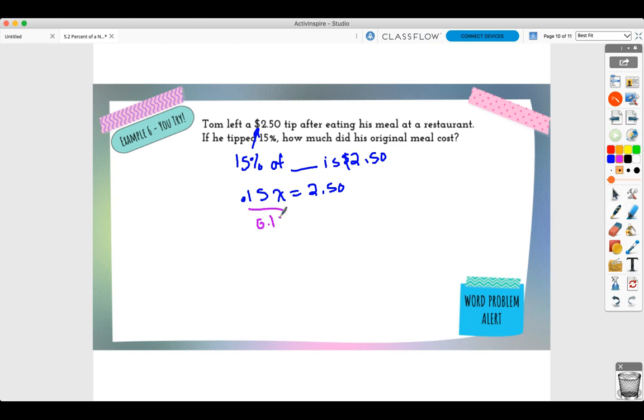So 2.5 divided by 0.15 will give you x equals 16.67, so $16.67.